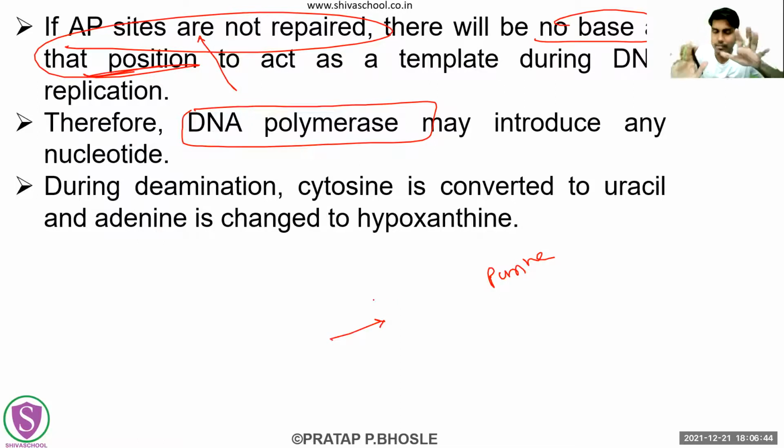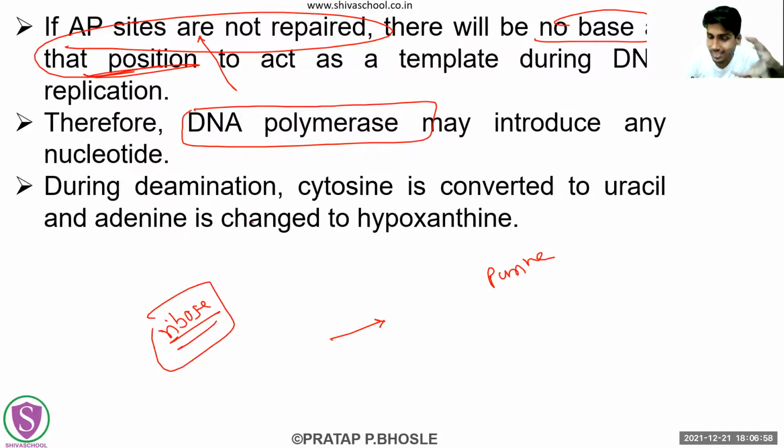See, if you have gone through our cell biology or biochemistry lectures, you should understand this. You know that to the ribose sugar, the purine and pyrimidine rings are attached, and only then do you get adenine, guanine, cytosine, thymine.